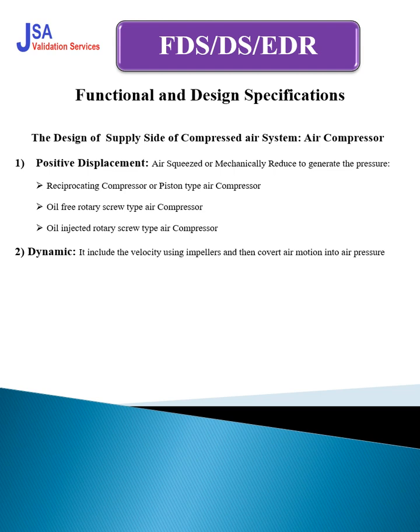Reciprocating or piston type air compressor, oil-free rotary screw type, and oil-injected rotary screw type air compressors are examples of positive displacement compressors. Dynamic compressors use velocity from impellers and convert air motion into pressure. Most of the time we are using the oil-free rotary screw type air compressor.